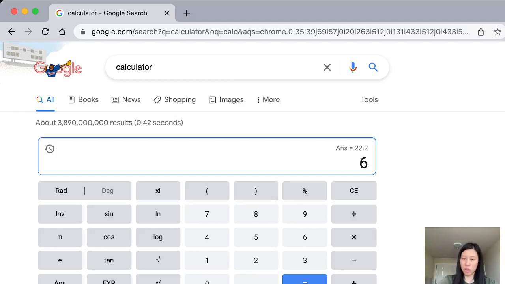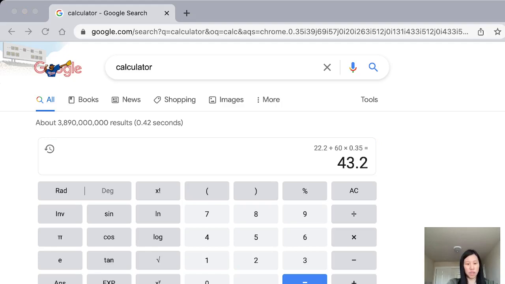Oops, I guess I need to do that again. Oh, no worries. Plus 60 times 0.35 equals, okay, so the average is 43.2 cups of coffee.